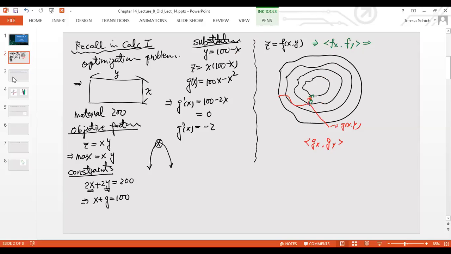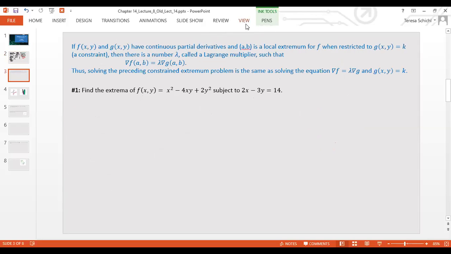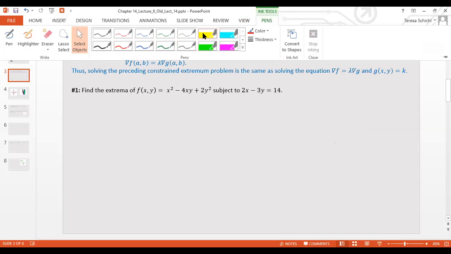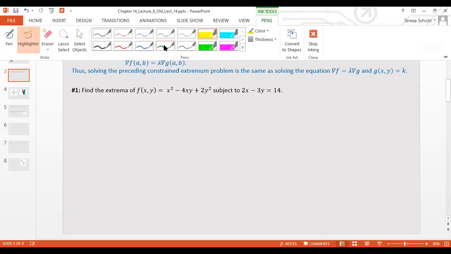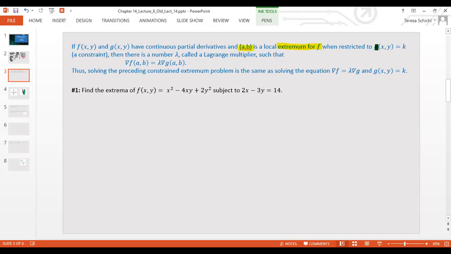Now, take a look at our definition. It says if f(x,y) and g(x,y) have continuous partial derivatives, and (a,b) is a local extremum for f, constrained by g(x,y) equal to k, then there is a constant.